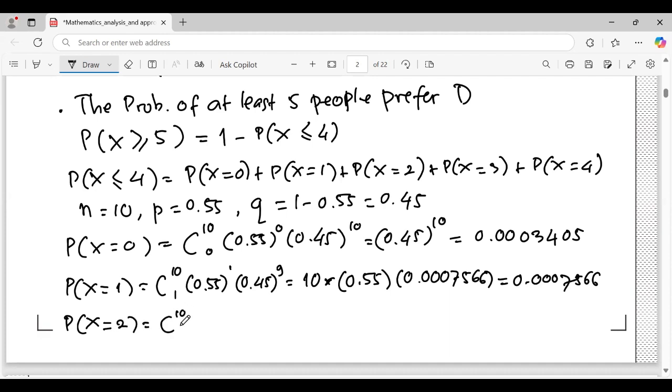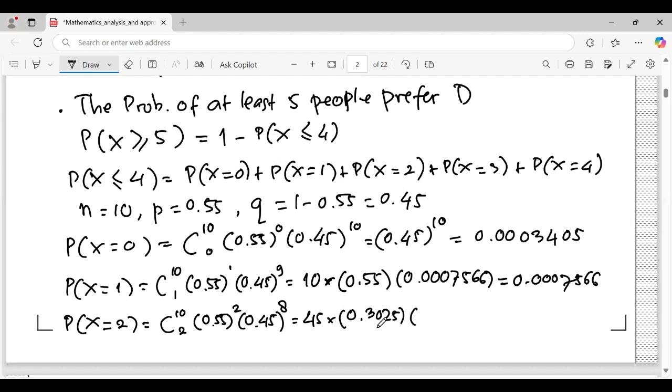Probability x equals 2, combination 10, 2, times 0.55 squared, times 0.45 power 8. Okay, combination 10, 2, I will calculate first, it is 45. 45 and 0.55 squared is 0.3025.